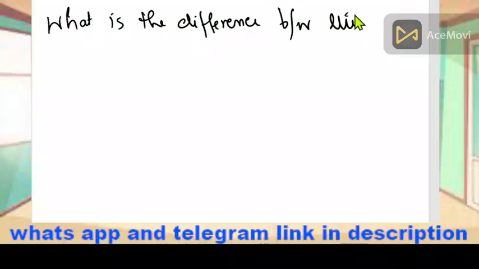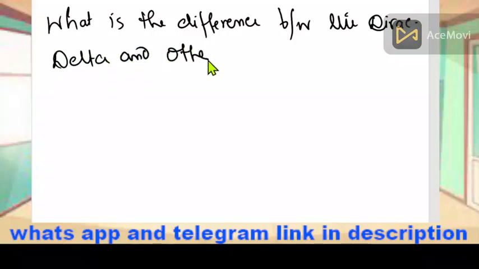If someone asks what is the difference between the Dirac delta and other forms of potential, other potential means the square well or symmetric square well, anything.